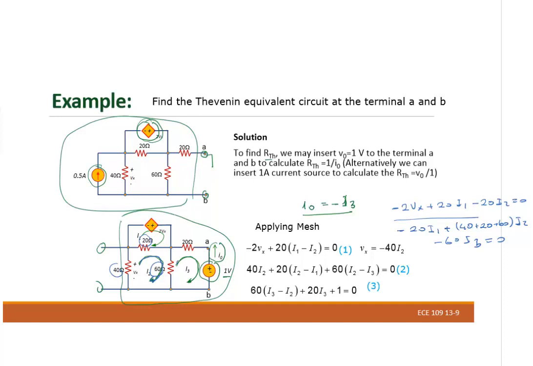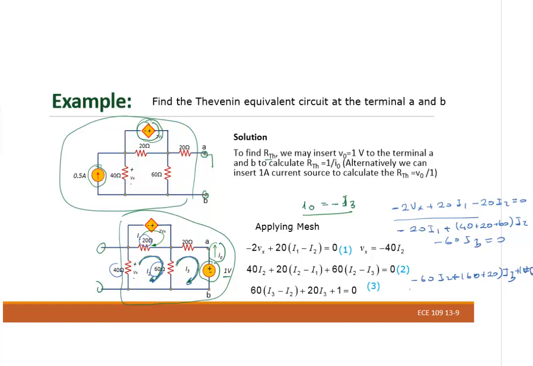The third equation we can write from here: there is no I1 there. For I2, there is negative 60 I2, plus (60 plus 20) I3, then plus 1 volt equals 0.